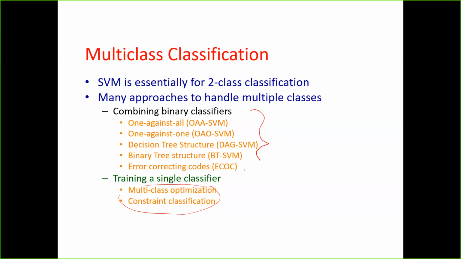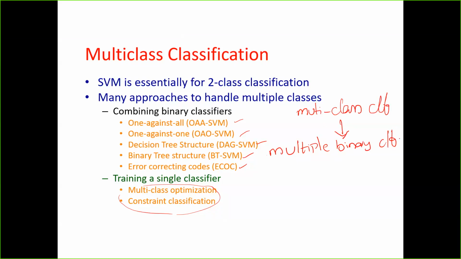The idea is very simple, you will enjoy this. Let me demonstrate the idea first, then we will discuss these 5 methods. We are given a multi-class classification problem. What we do is divide it into multiple binary classification problems. After dividing this, can we apply SVM on each of the binary classification problems?